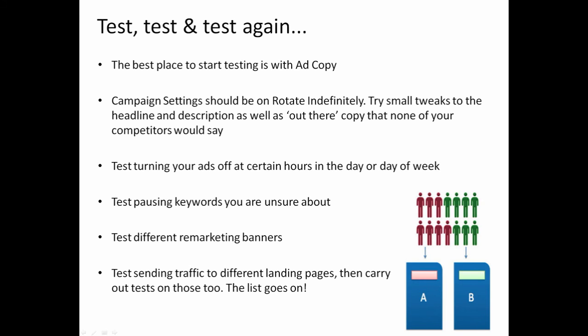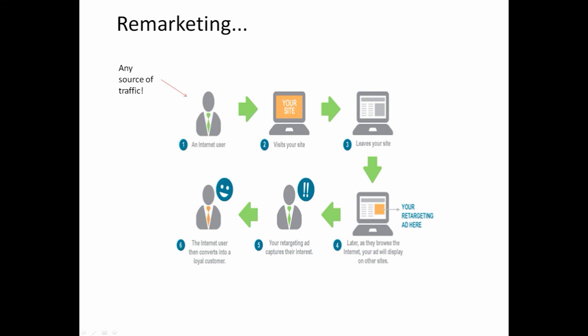You can also test lots of different remarketing banners, which I'm going to talk about in a second, and that will allow you to get an idea of what style or messaging works for you there as well. And let's get on to remarketing.